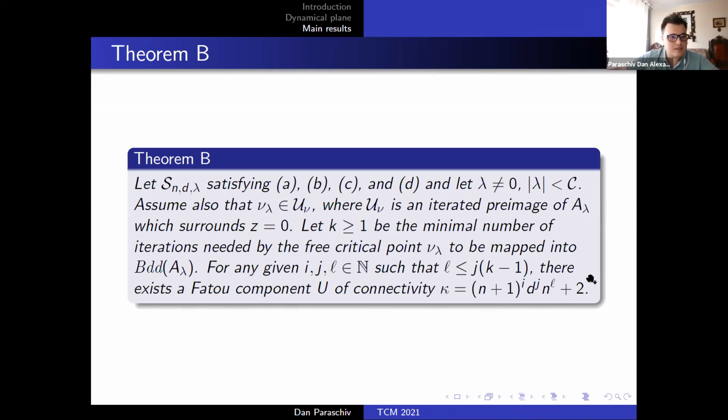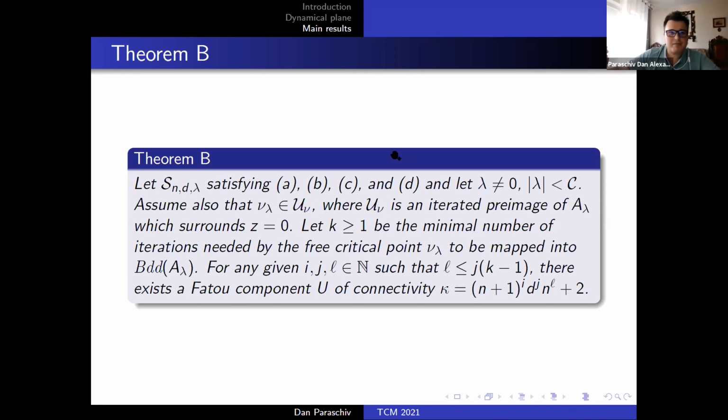So this theorem says that pretty much almost all of the connectivities are achieved. And we have seen that in particular, there exists only one possible case where everything that we have described in Theorem A may not be achieved.